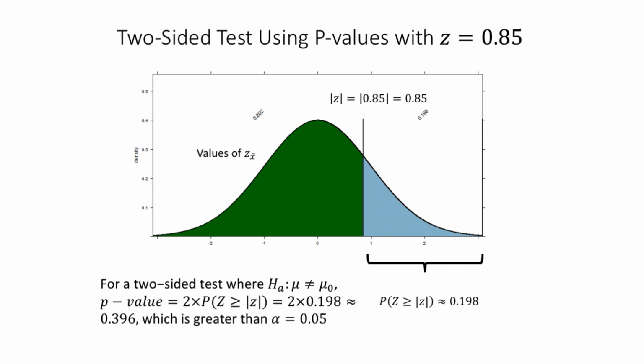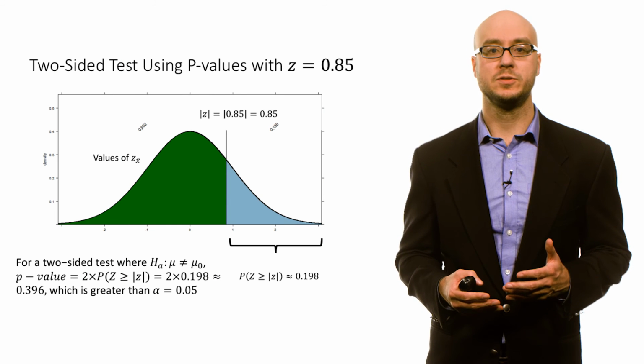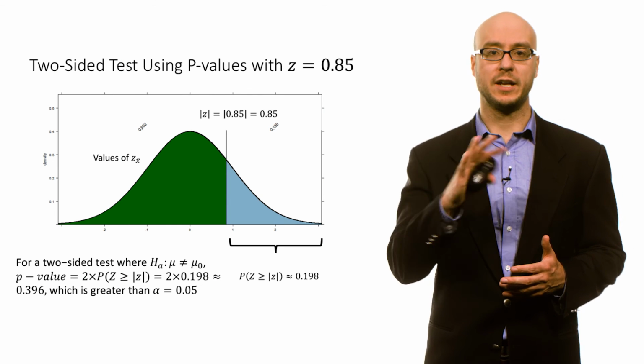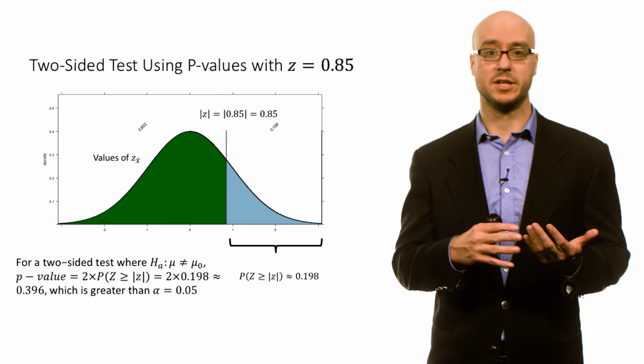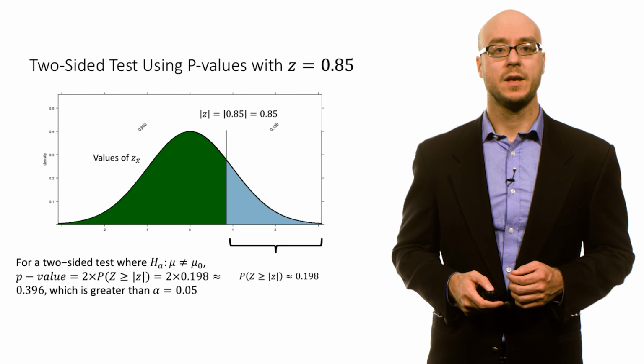So we can see that that blue shaded area is the probability of obtaining a z-test statistic greater than or equal to the one in absolute value we obtained, because we obtained 0.85. The absolute value of 0.85 is 0.85. And so that area on that blue shaded region of the distribution is about 0.198. So we multiply that by 2 for a two-sided test because we want to take into account the fact that we are agnostic whether we have an extreme test statistic in the right or left tail of the distribution.